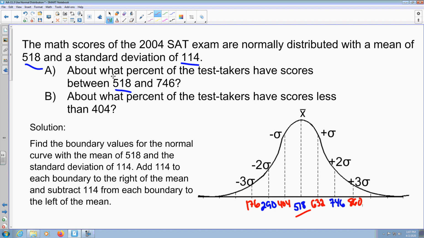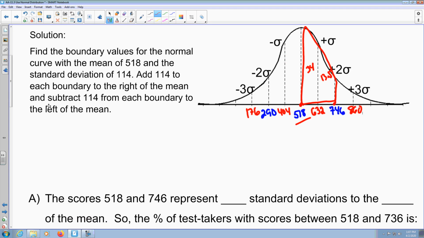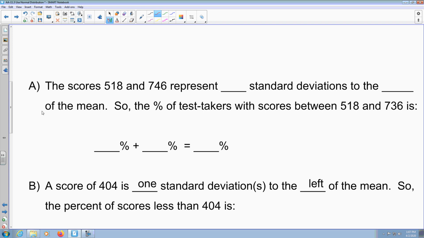So if you look at here, 518 and 746 are right here. So it's going to fall into this portion of the curve, and you're going to use the same percentages. So if you look here, this was 34%, and then this was 13.5%. So this kind of says, all right, it represents two standard deviations to the right.